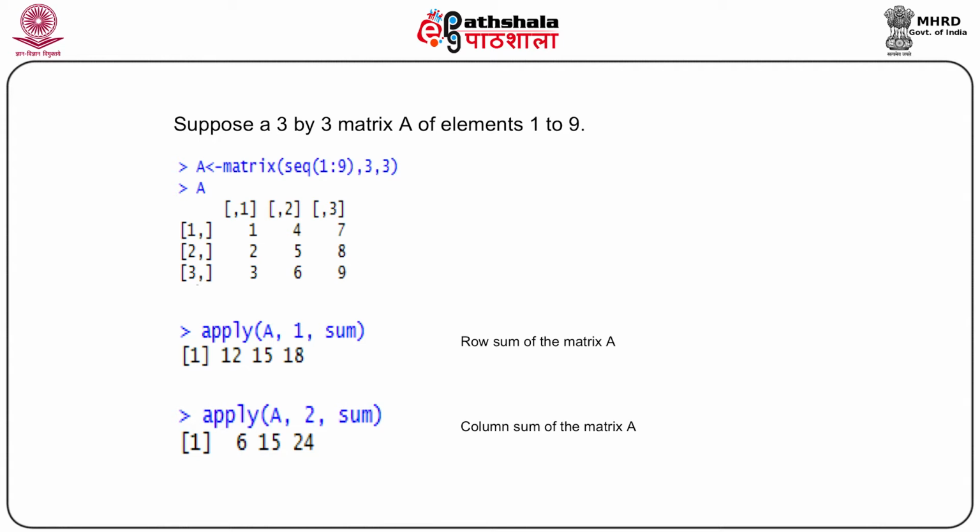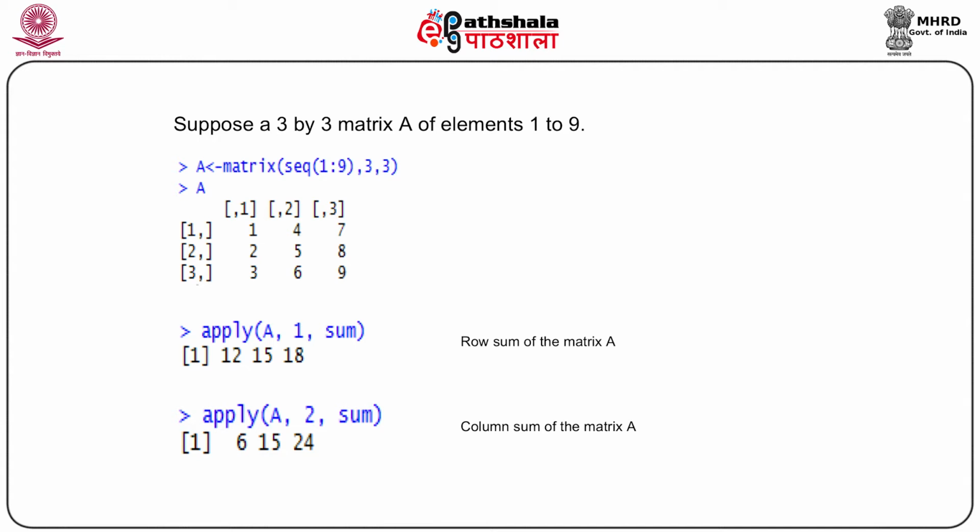Here, we are considering a matrix which has 3 rows and 3 columns, and which contains the sequence of elements from 1 up to 9. We are defining the matrix with the help of this command. So here is the matrix A, which contains the sequence 1 to 9 and which has 3 rows and 3 columns.